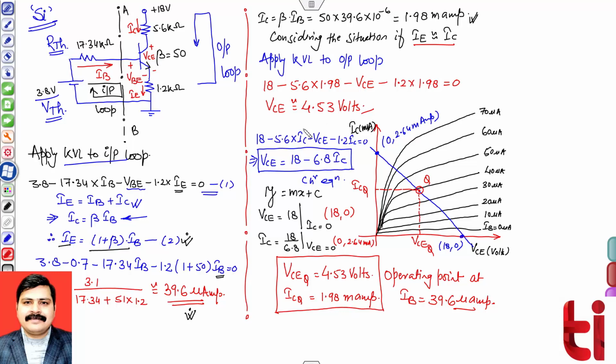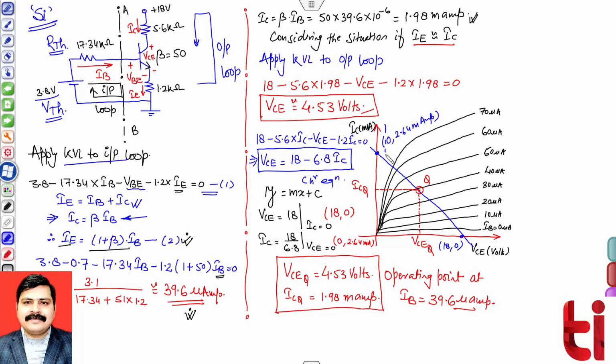So I have written over here and I have solved that this value of VCE equals to 4.53 volts. So first I am having an interesting outcome over here, and I am marking the same in this characteristic curve also.